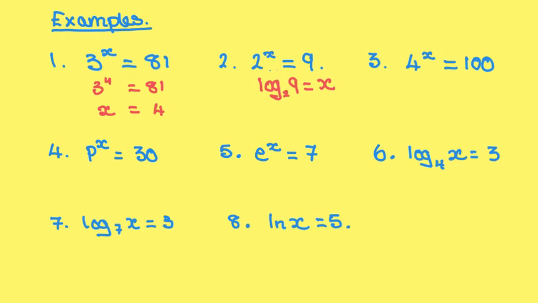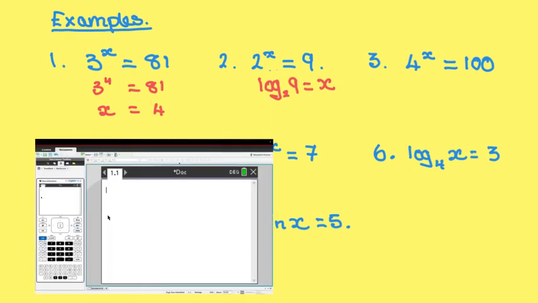I can now use my GDC to answer this. So I open my GDC, so I want the logs, so it's control 10 to the power of x, so I want log base 2 of 9, press enter.